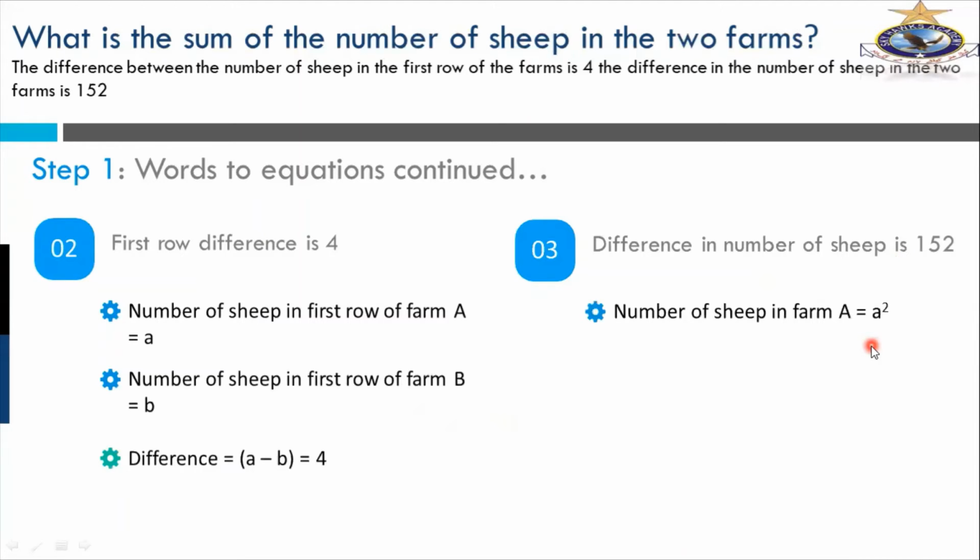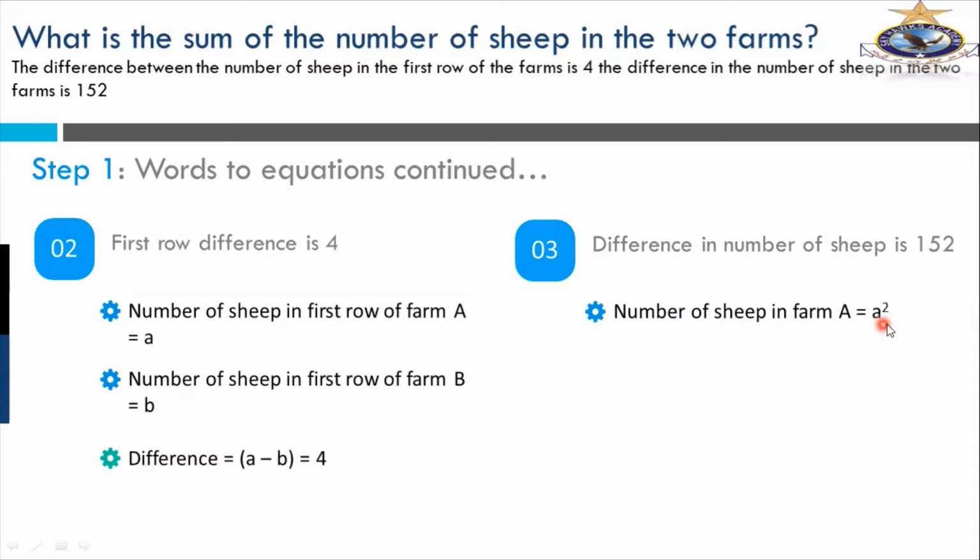So the number of sheep in farm A is A square. That was the last slide: if we are arranging A number of sheep in A rows, the total number in form A is A square.